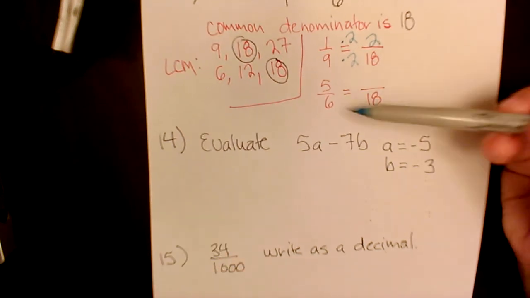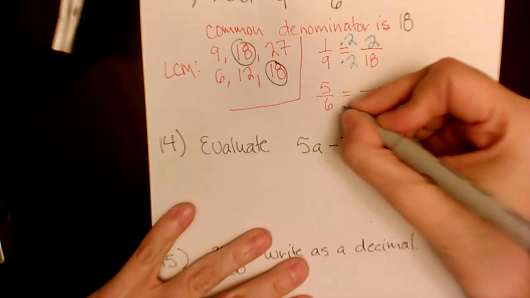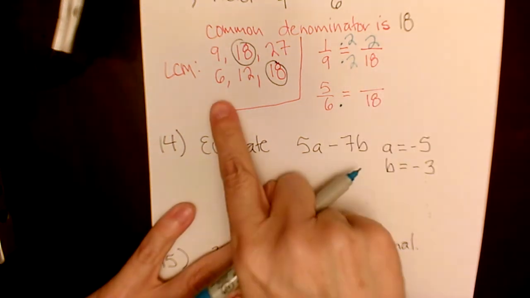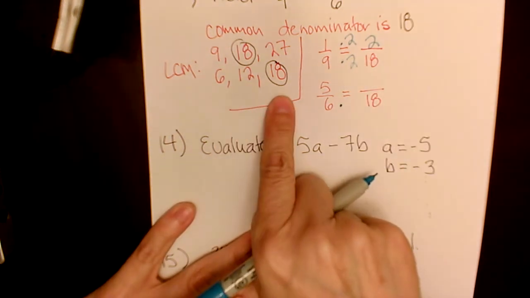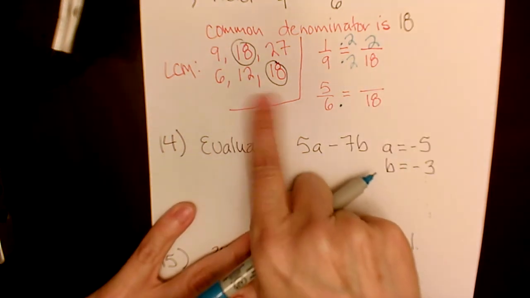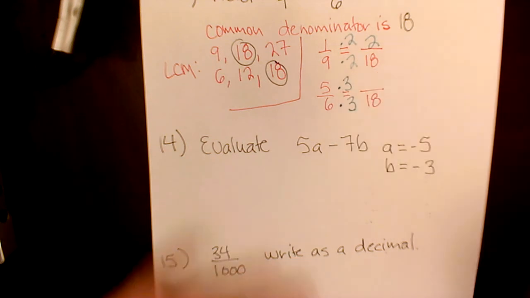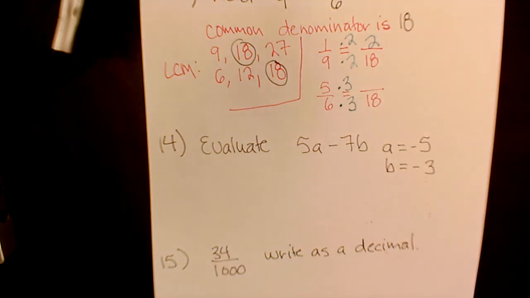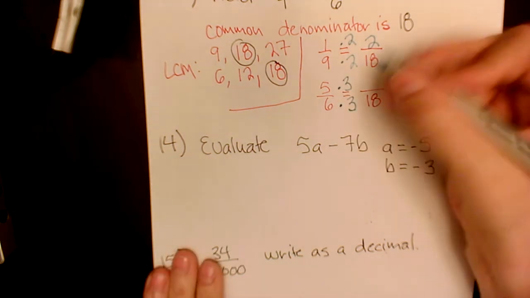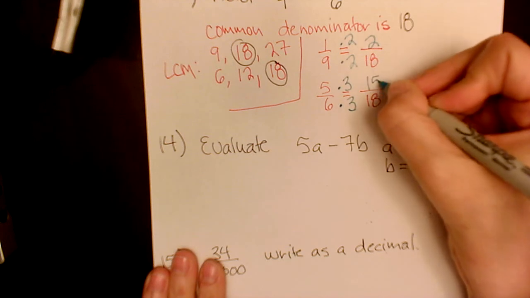And let's keep going. 6 times what gives us 18? 1, 2, 3 times 3. And what I do to the bottom, I also do to the top. So what's 5 times 3? So on top, I've got 15.